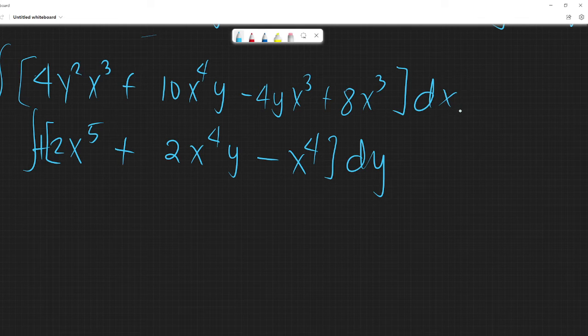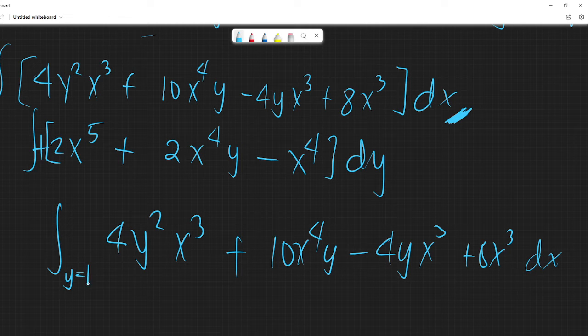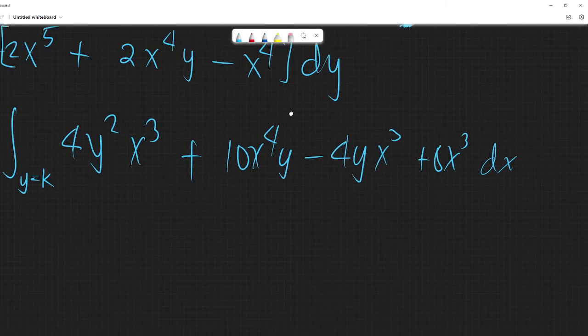So we will differentiate, I mean integrate, this function with respect to x. The integral of 4y squared x cubed plus 10x raised to 4y is 4y x cubed plus 8x cubed dx. So we will let y be equal to a constant.